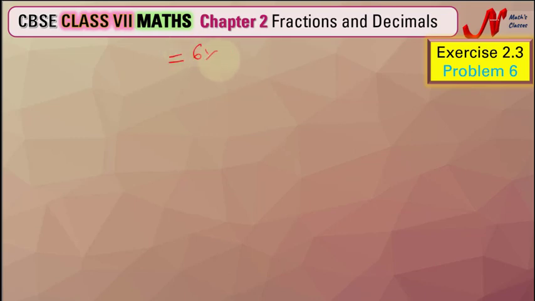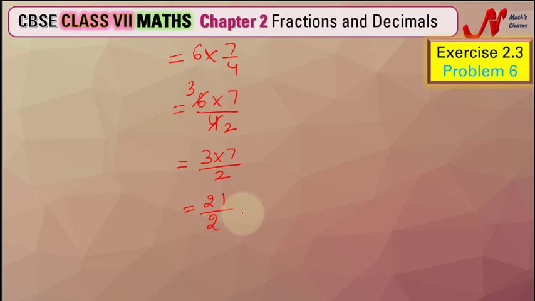Here 6 into 7 by 4 can be written as 6 into 7 by 4. Here cancellation is possible, so we cancel: 2 twos are 4 and 2 threes are 6, which is equal to 3 into 7 by 2. So 3 sevens are 21 divided by 2. Here 21 by 2 is an improper fraction.